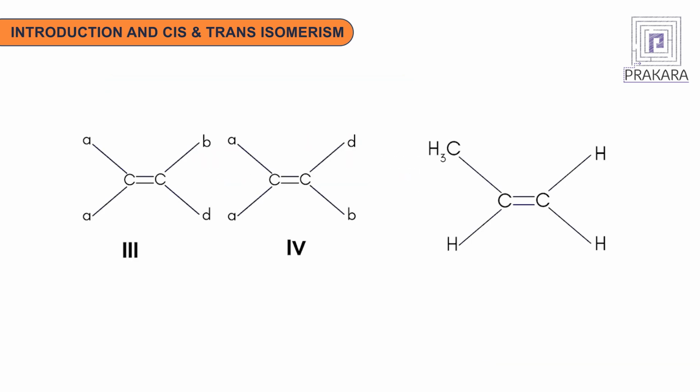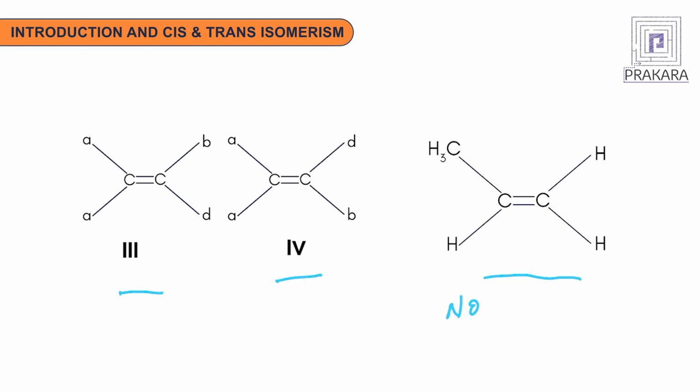So here, you can see how to give the cis and trans forms based on the examples given above. If the molecule has all hydrogens, then it won't have this cis and trans arrangement, because it should have two different groups. So there is no possibility for this.